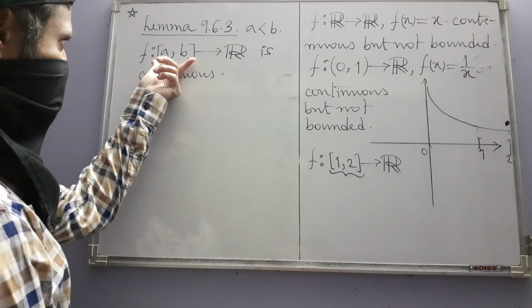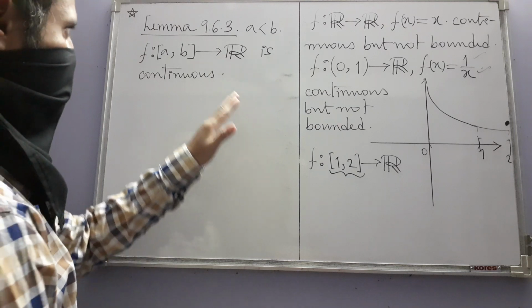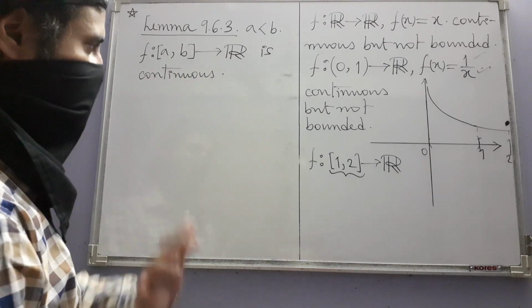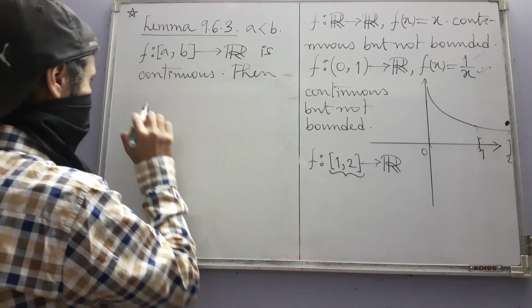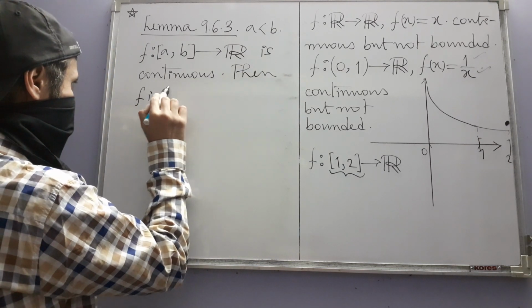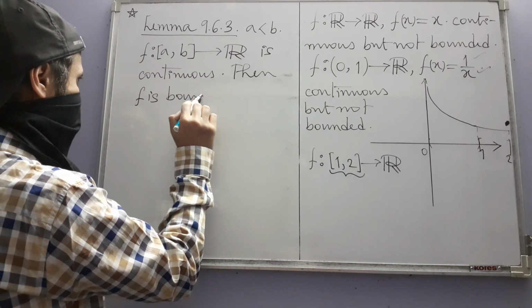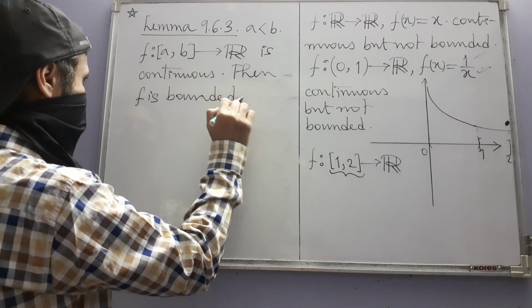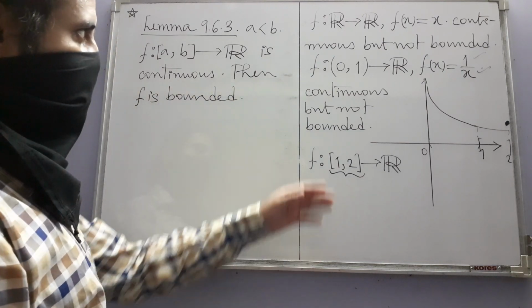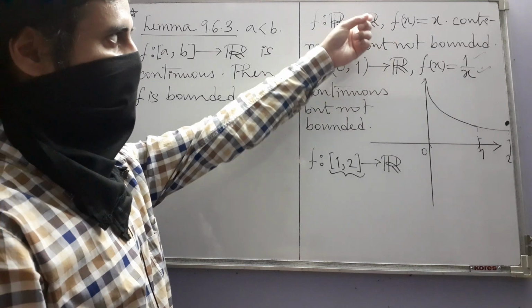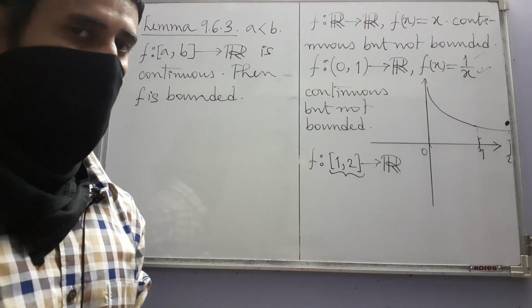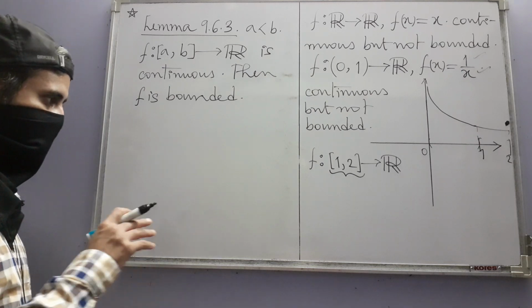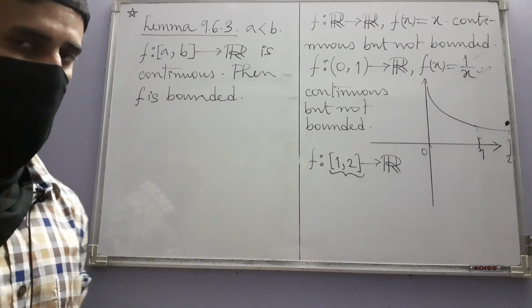The domain is a closed bounded interval and it's continuous. Then f is a bounded function. So what we saw not happening in those cases will happen in this case. Now we are going to prove this. And in this proof we are going to use Einborn's theorem.